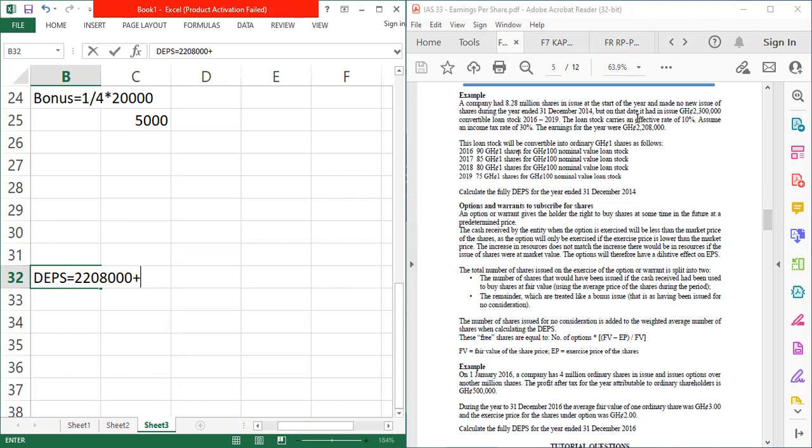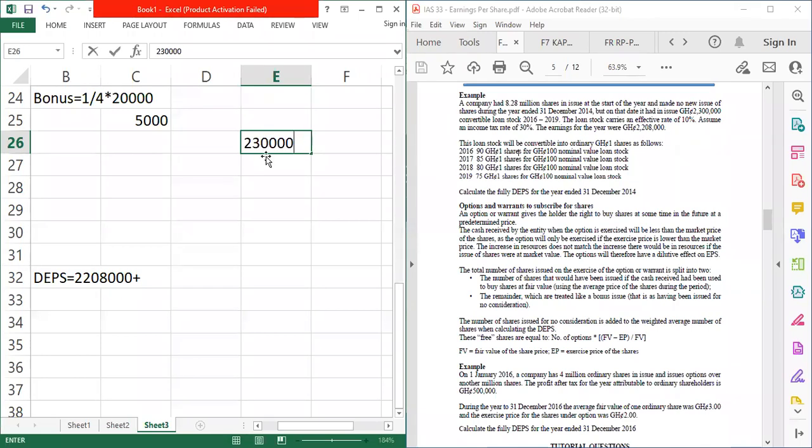The loan stock carries an effective rate of 10%. So what is the value of the loan now? It's 2,300,000. So we are paying interest of 10% on it, isn't it? So how much will that be? 230,000.